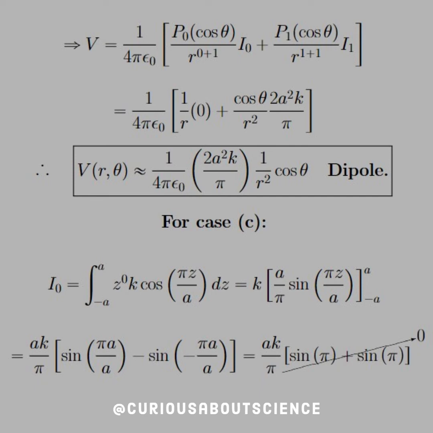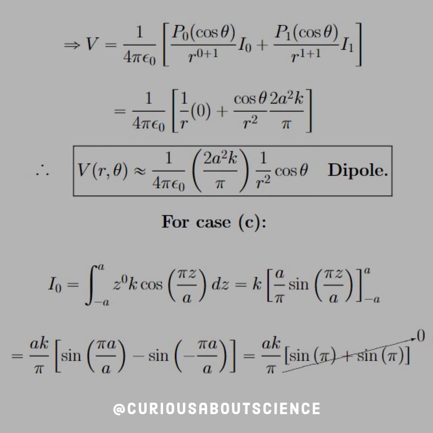Note that we have to expand this to n equals 1, so we have a case for I0 and I1, but I0, if you recall, is 0. For n equals 1, we also put in the Legendre polynomial P1, which is just cosine theta. With that, we see that the leading term in this expansion is a dipole term, and it approximates as such.